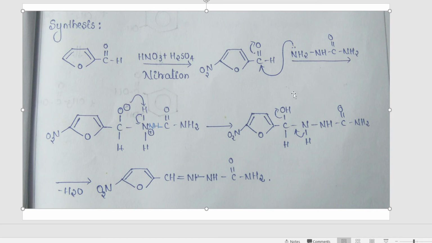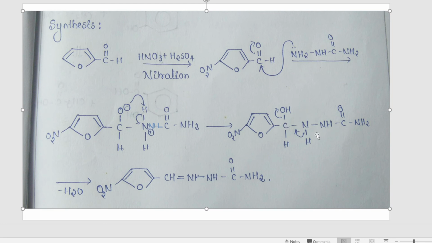So there is a formation of OH here. This H goes out as H plus because the nitrogen, having a plus charge, takes up the electrons from this bond. Everything else, NH, C double bond O, NH2, remains as such, so you will write it as such. Okay, now here we have C-OH. What is the next step?